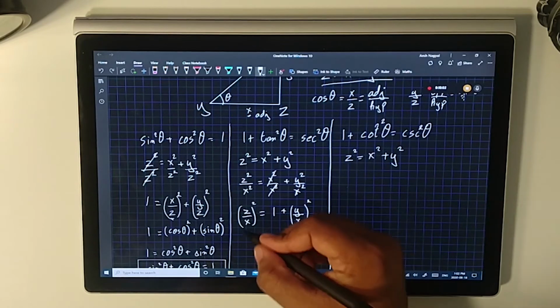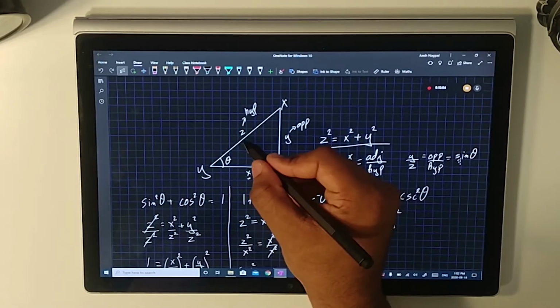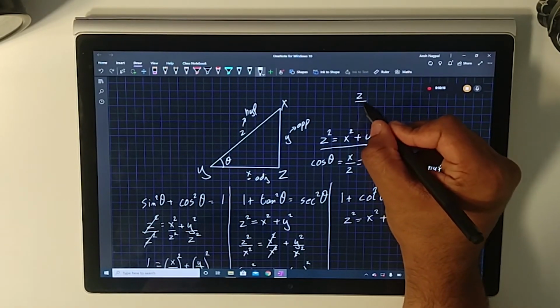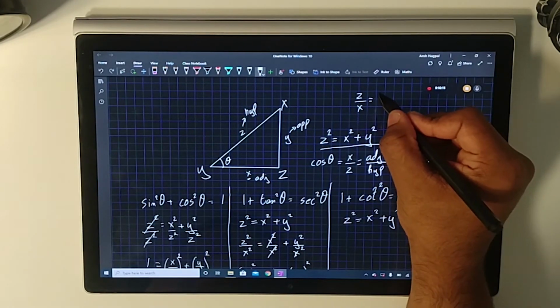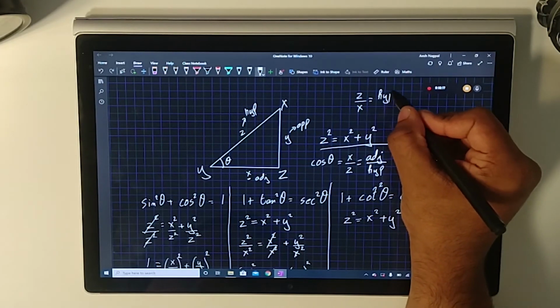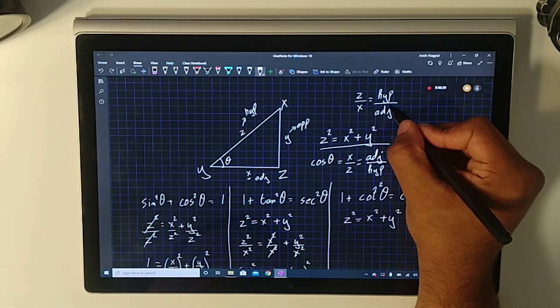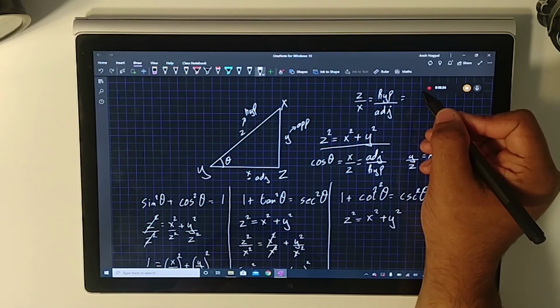So now let's again take a look at what z over x is in this triangle. According to this angle theta, z is our hypotenuse and x is our adjacent. And what is hypotenuse over adjacent?